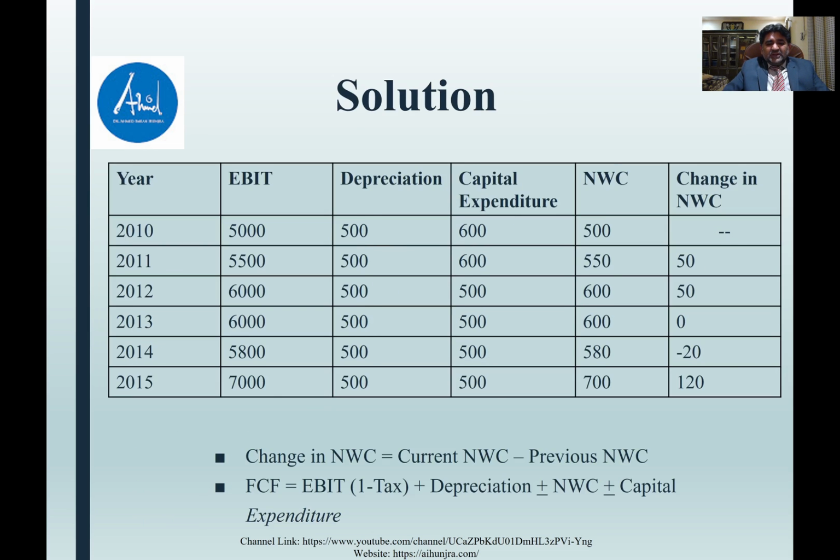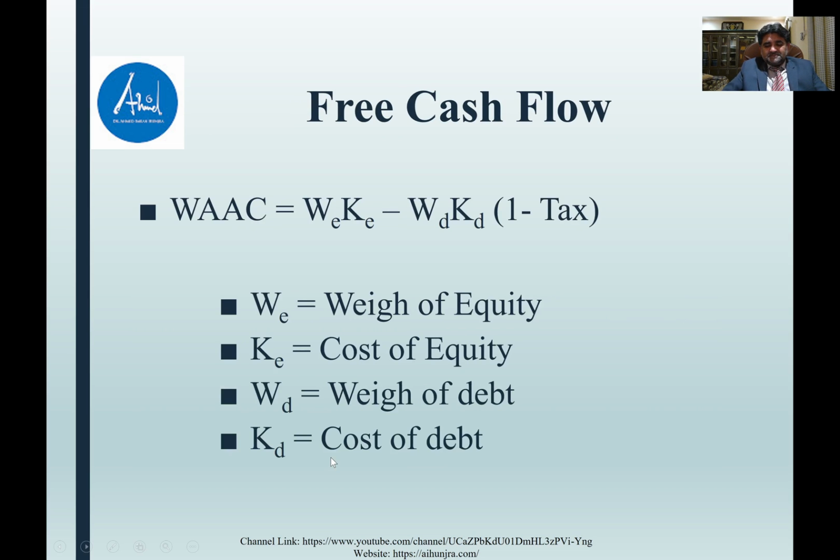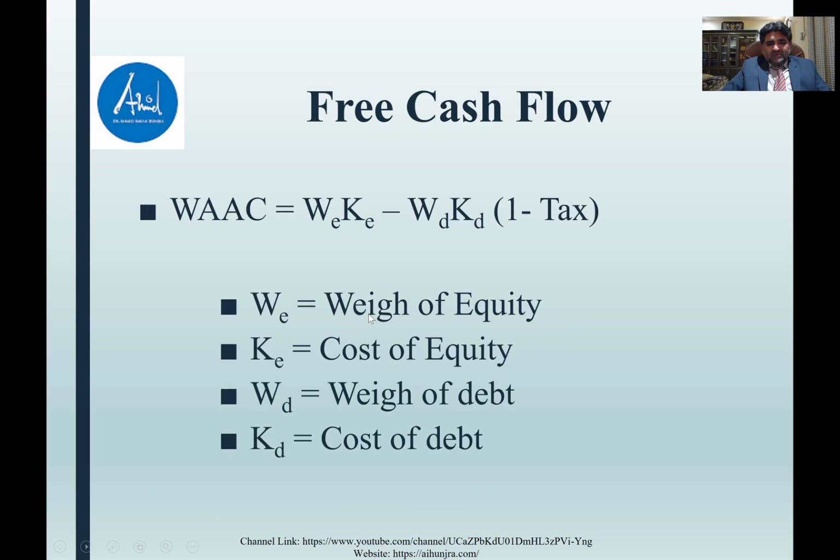So look at here in the formulas. Here we have the value of free cash flows, and here we have the free cash flow and growth rate of free cash flows. So we move forward.